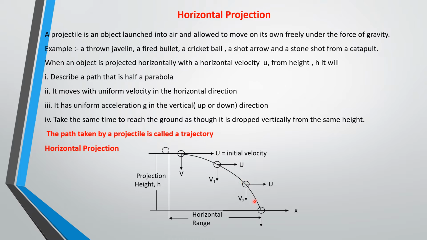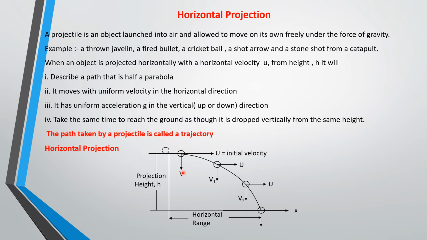It's like a quarter of a circle, and this shape is called half parabola. A parabolic curve is a complete half of a circle, but this one is half parabola. So that is one of the characteristics of a body that is projected horizontally with a velocity u from a height h.